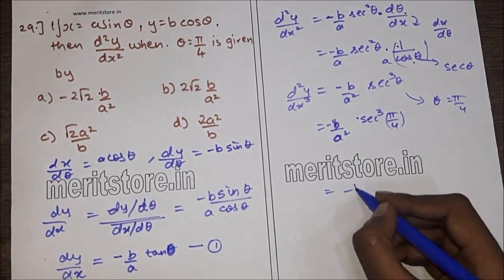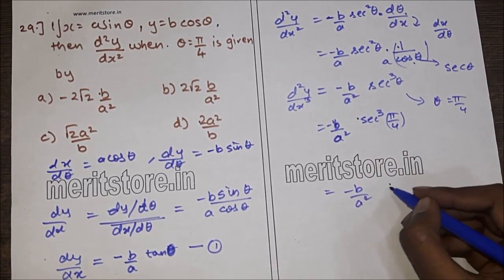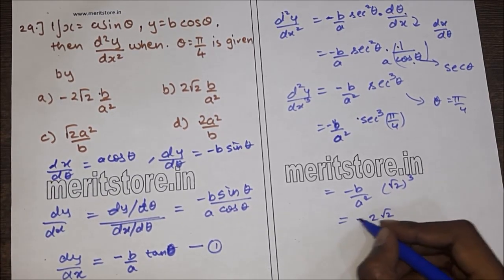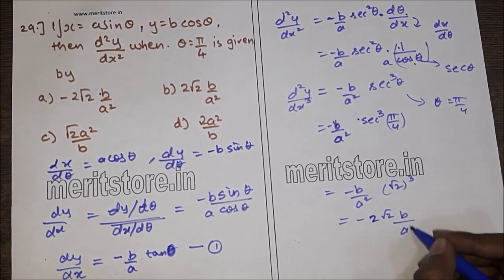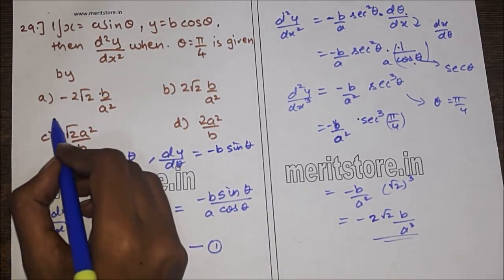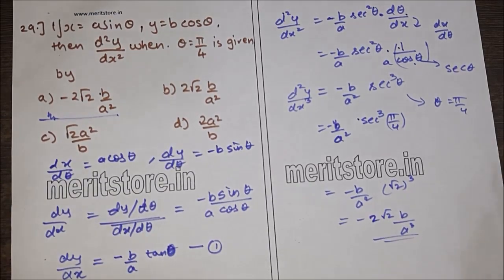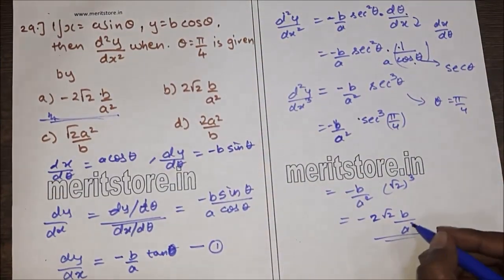So that is equal to minus b by a square root 2 cube. So this is minus 2 root 2 b by a square, which is option A.